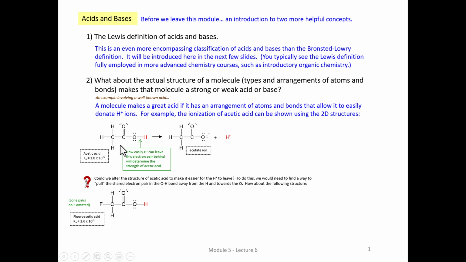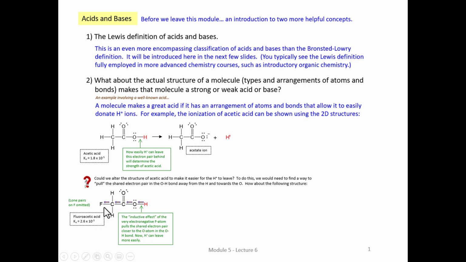We say the inductive effect of the very electronegative fluorine atom pulls the shared electron pair closer to the oxygen atom in the OH bond, and now H+ can leave more easily.